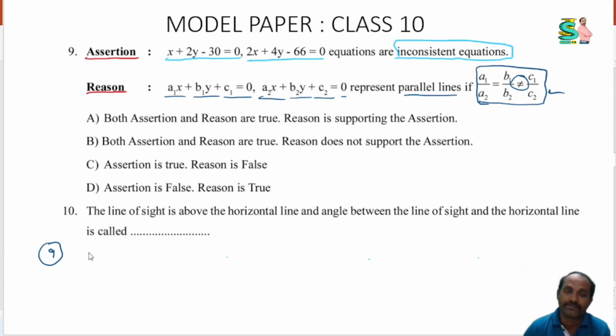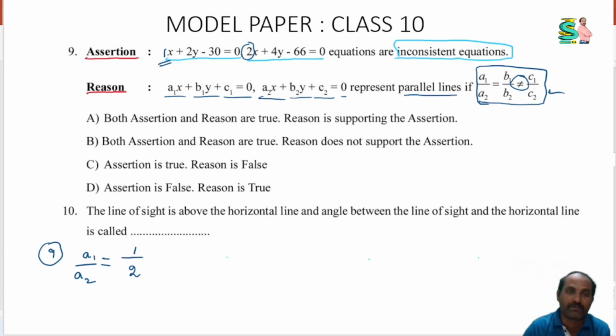So first of all, a1 by a2. Here in the a1 place nothing is there, so 1. In the a2 place 2 is there, so 1 by 2.